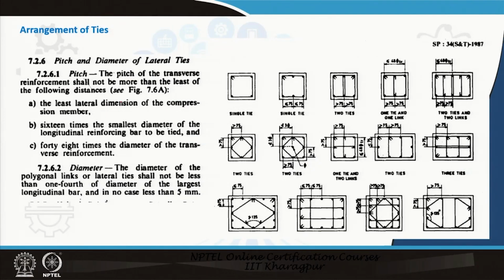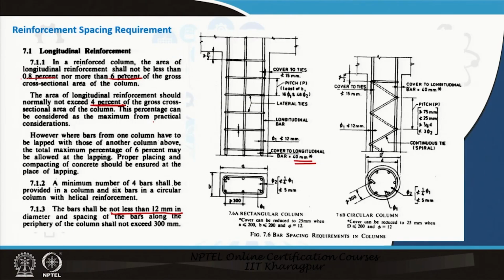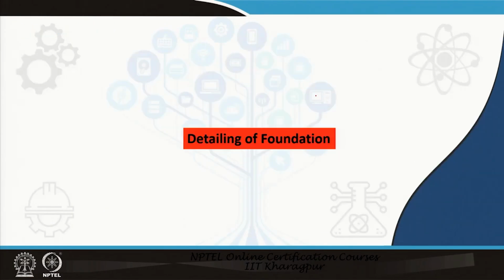So, these are some of the criteria for the hooks and the ties. There are three criteria: the least lateral dimension of the compression member, 16 times the smaller diameter of the longitudinal bar, and 48 times the diameter of the transverse bar. Transverse bars are the ties and these are the longitudinal bars. That pitch criteria is also mentioned over here. So, you can see those and try to understand.